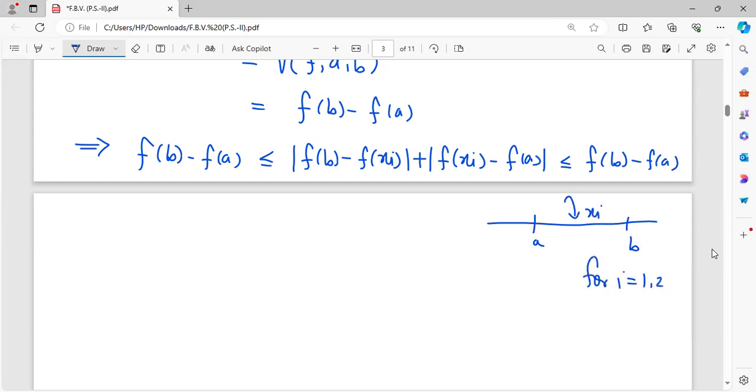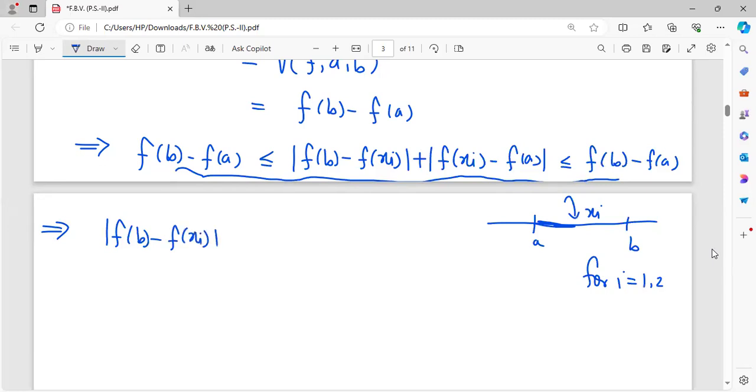What does it mean? By this, what we conclude? This implies f(b) minus f(x_i) plus f(x_i) minus f(a) is nothing but f(b) minus f(a).